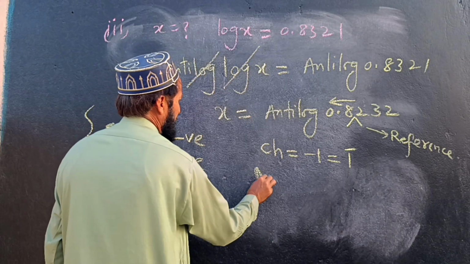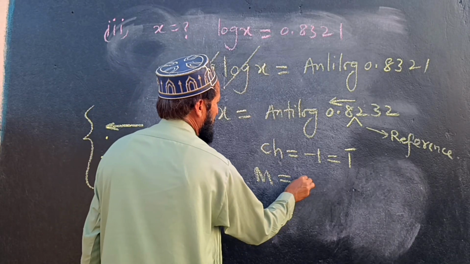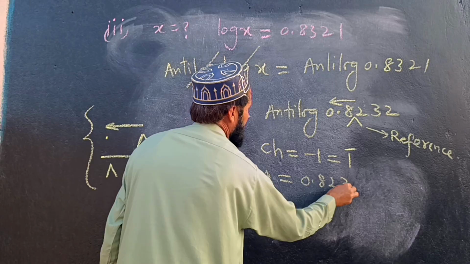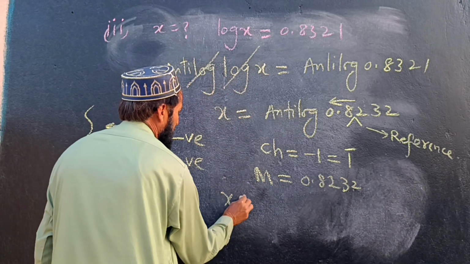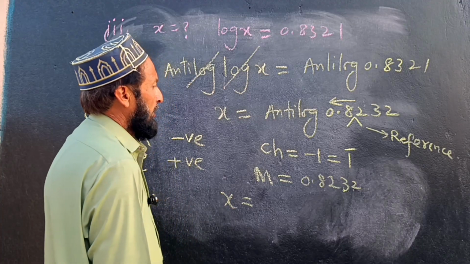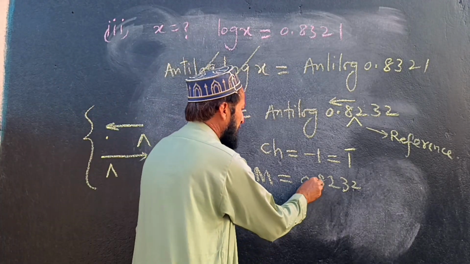Now the mantissa is 0.8232. We take x equal to the anti-log. We check the anti-log table.